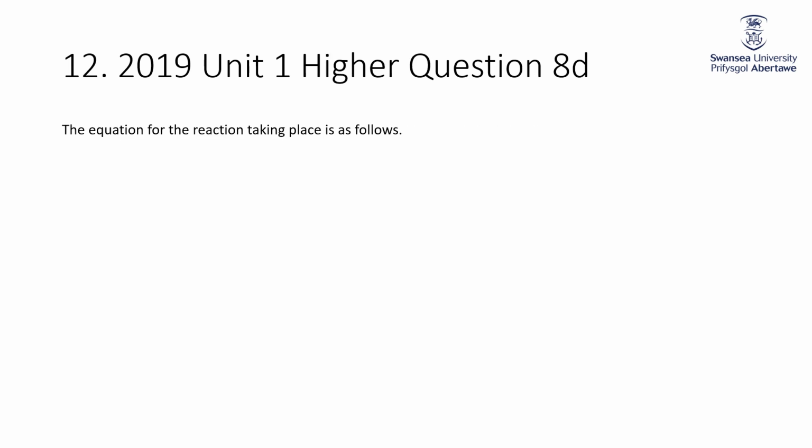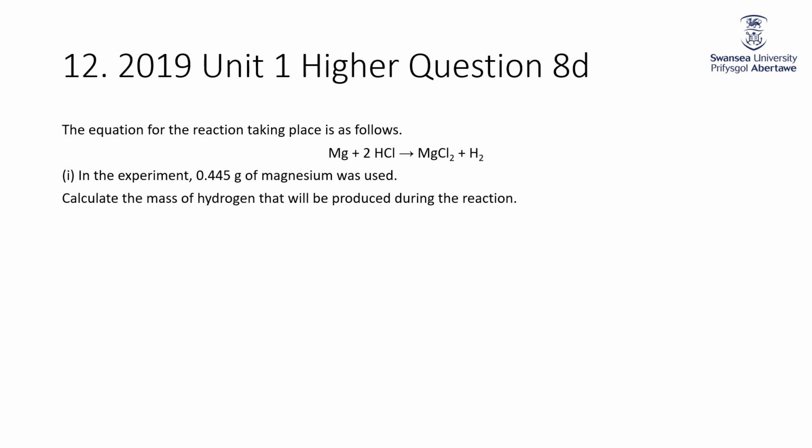Next, question 12 asks us about the equation magnesium plus 2 hydrochloric acids go to magnesium chloride and hydrogen. So in the experiment, 0.445 grams of magnesium was used. Calculate the mass of hydrogen that will be produced during the reaction.